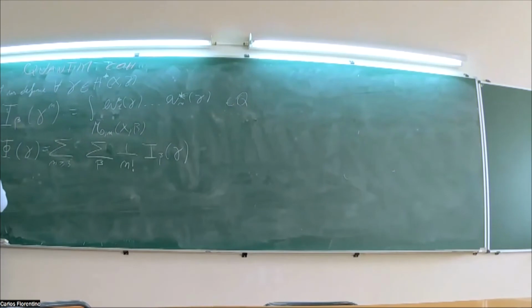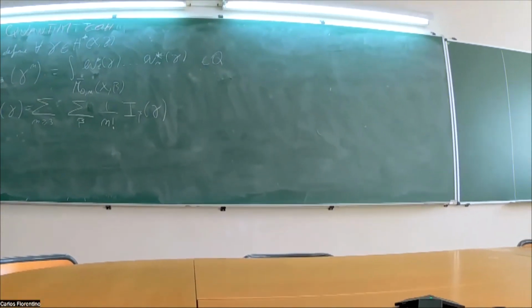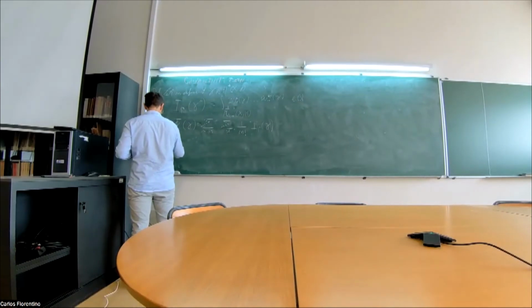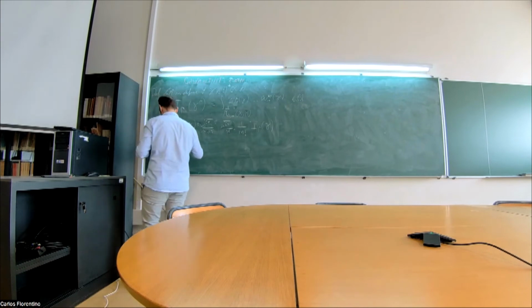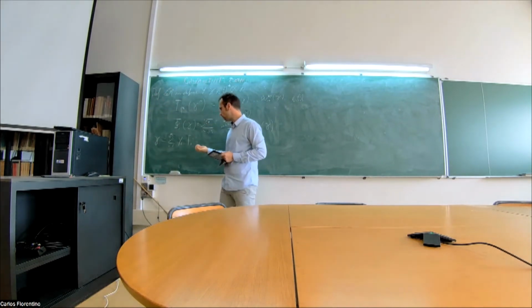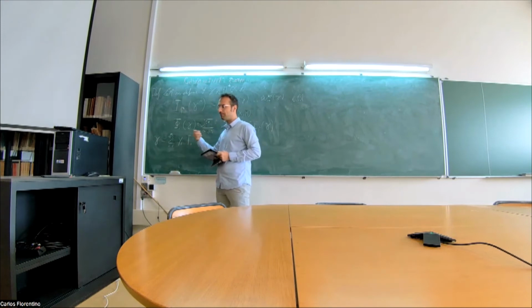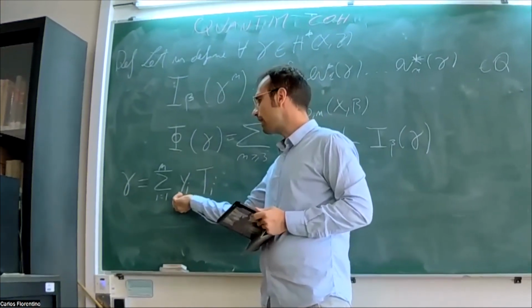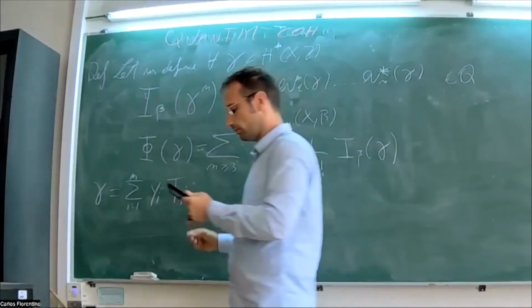But what I want to do is to take gamma equal to the sum of epsilon_i T_i, where, as you recall, T_i is the basis of the cohomology of X, and epsilon_i are formal variables.